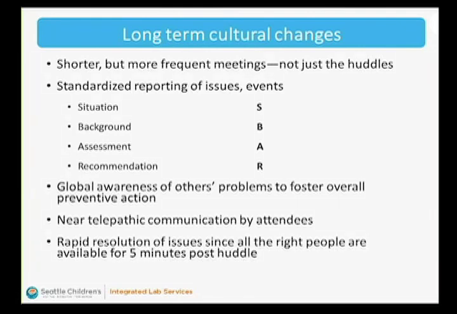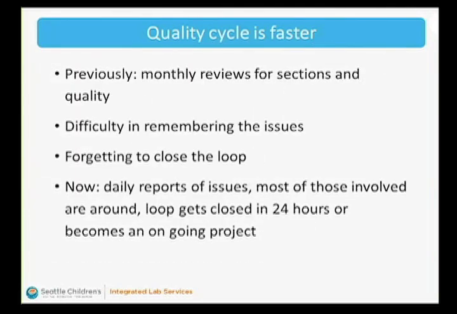Our Huddle ranges from about 7 minutes to 10 minutes. And it would be extraordinary to go over a 10-minute time limit. One observation we've had is the quality cycle is much faster. While we used to think about monthly review of qualities and problems for each section, what we found is that people had difficulty remembering the issues.